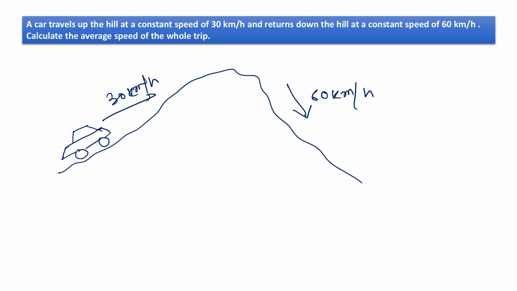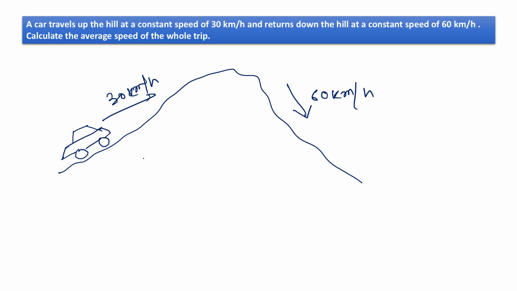In this case, whenever it is said that you have to calculate the average speed, to find the average speed we need a formula: the total distance traveled divided by the total time taken. But in this case the distance is not given. So remember, I have told you the shortcut formula.